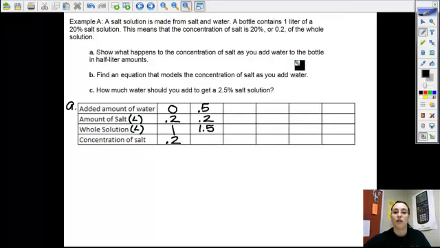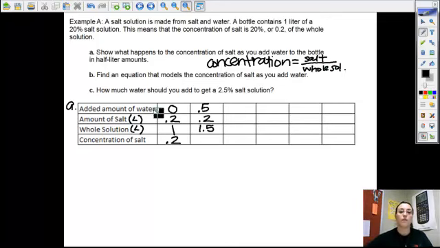And so then to find the concentration of salt, I'm going to write this up here. To find the concentration of salt, it's kind of like a percent, to figure out what percent of the solution is salt. I'm going to take the amount of salt divided by the whole solution.